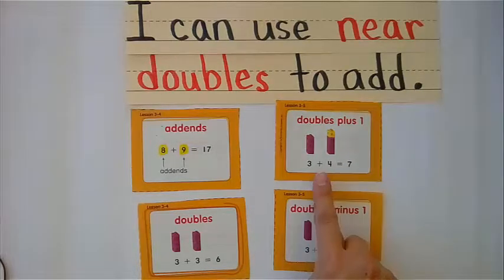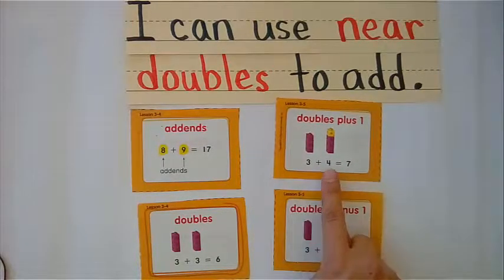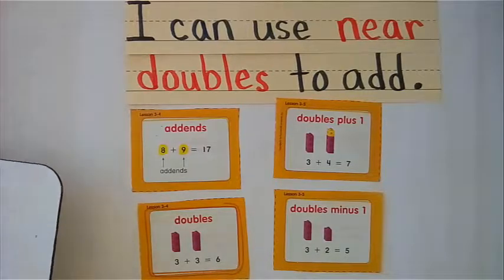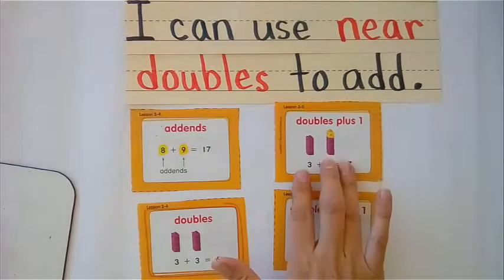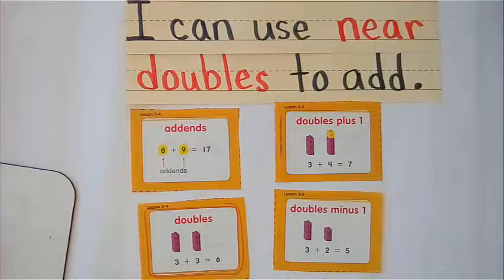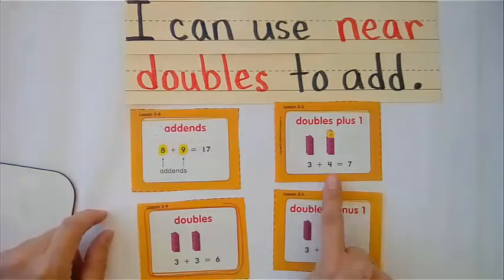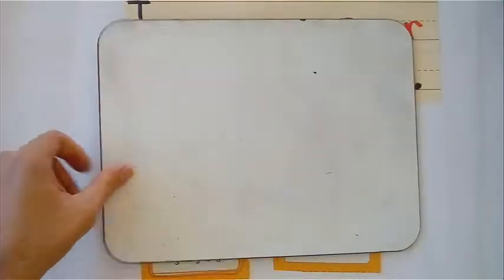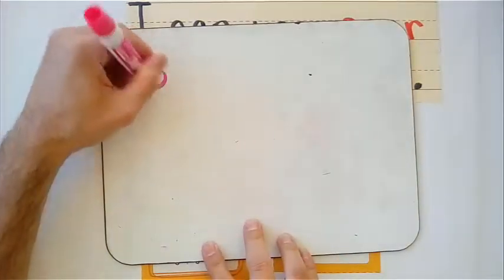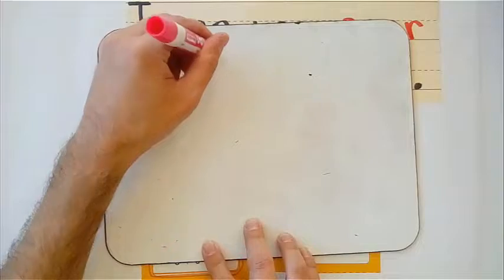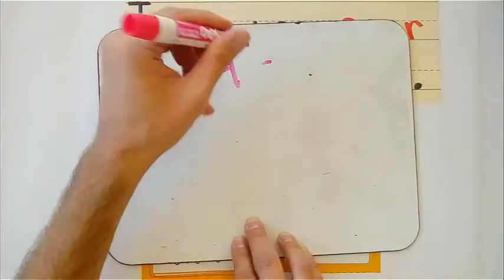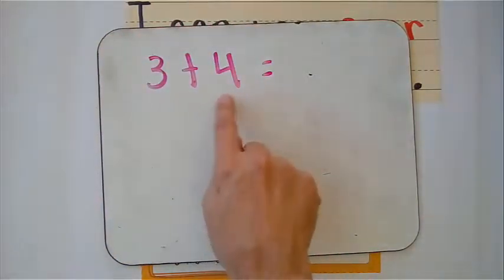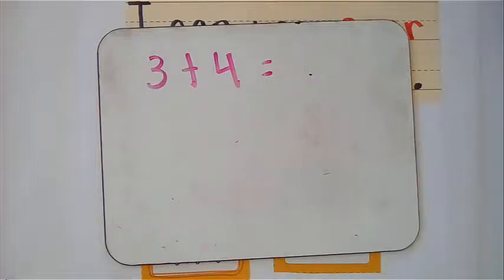Now those two add-ins, 3 and 4, are not the same, right? They are not doubles, but they are near each other. These are almost doubles, right? We could use our blocks for that.